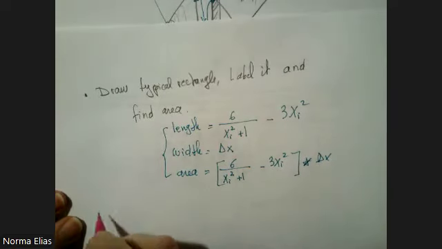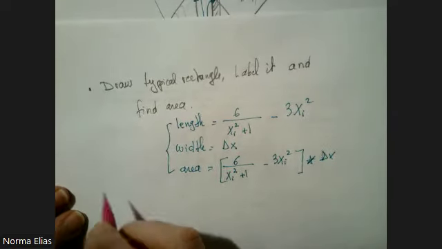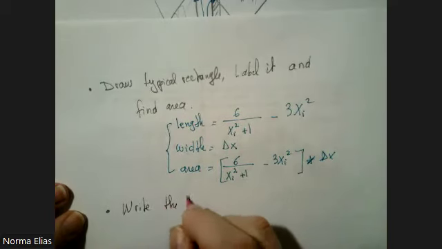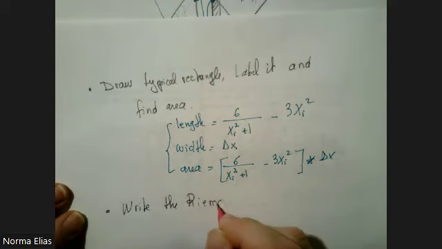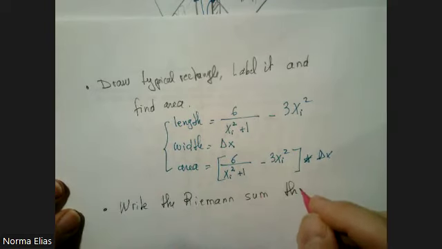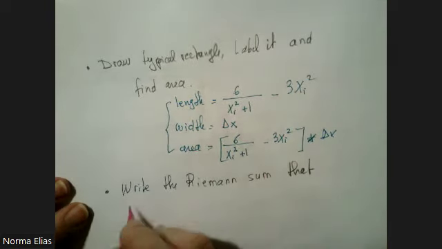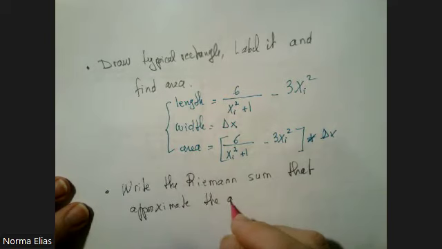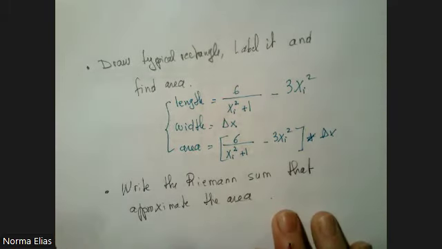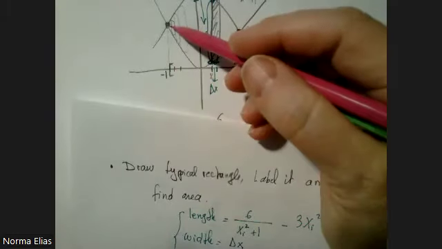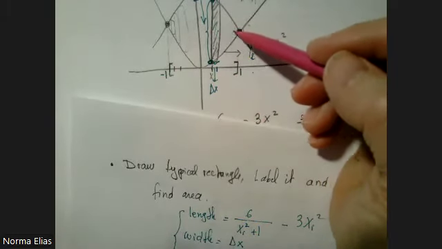Then question number 3 is going to be: write the Riemann sum that approximates the area. At this stage, what I'm thinking about is the sum of the areas of all those little rectangles.